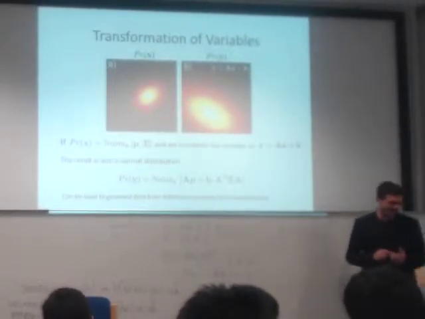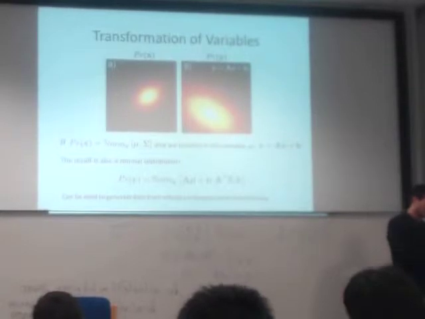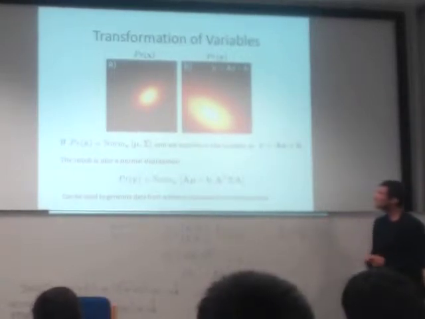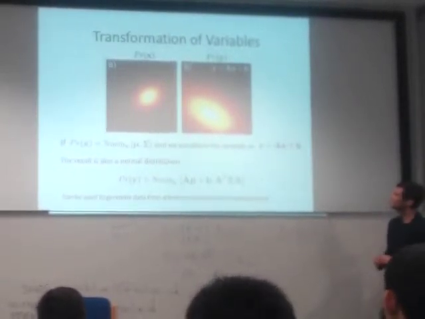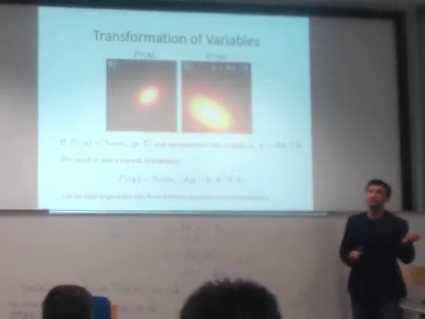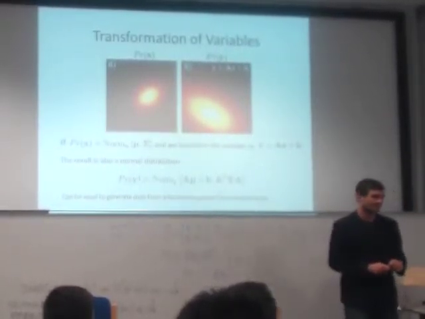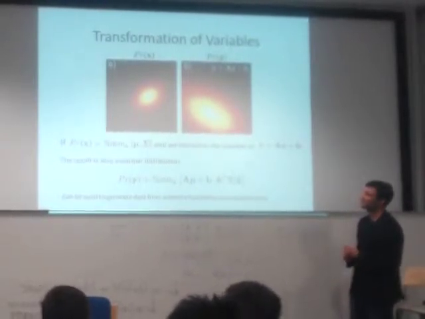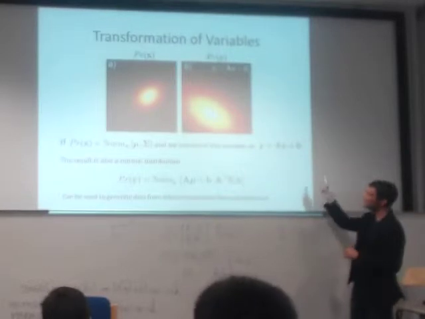So essentially, what you're saying is, if you have a probability distribution x, and that's a normal, and then you transform the variable where you want to find a new probability distribution of y, and that's a linear transformation of x.